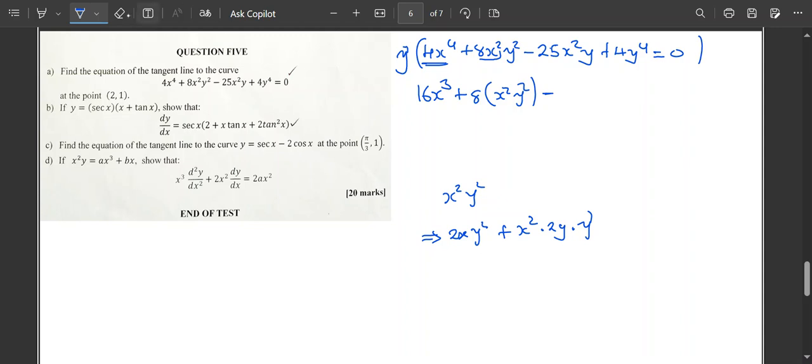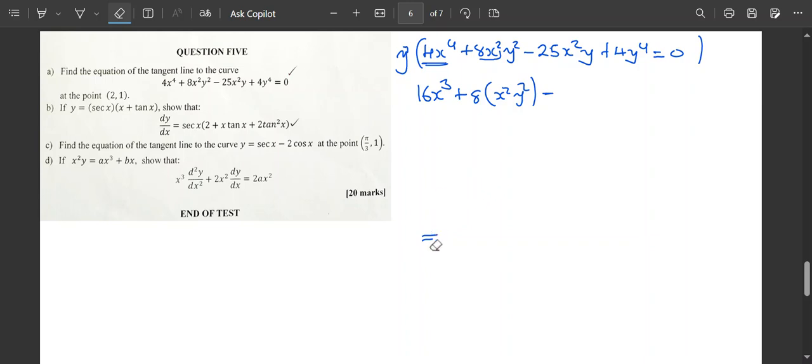Whenever you differentiate y, you attach dy dx, because that is the function. Pretending that I've factored out the 8, I'll maintain x squared, then differentiate y squared. That is 2 to the power 2, so that will be 2y. The power has reduced by 1, but you attach y prime or dy dx.